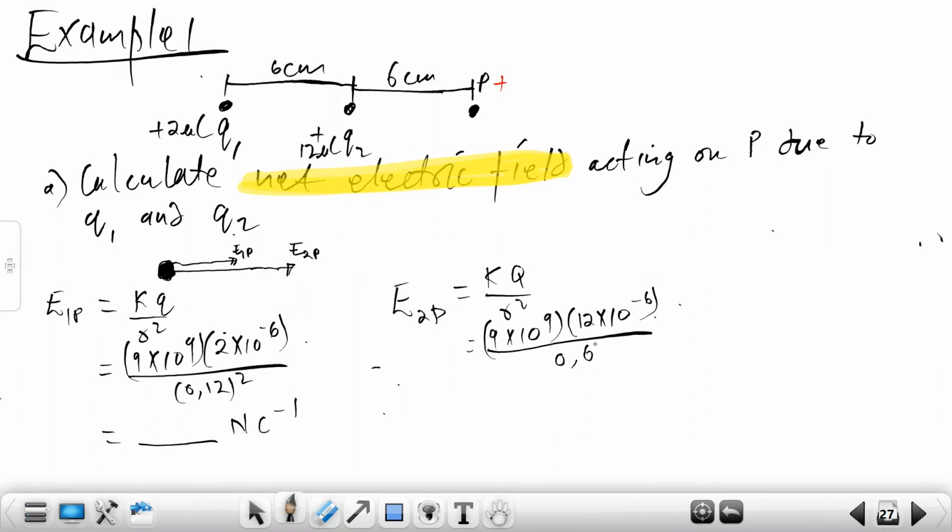Let me check, 6 divided by 100 is 0.06, squared, which equals so many newton per coulomb. So let me check what's the answer for the first one.